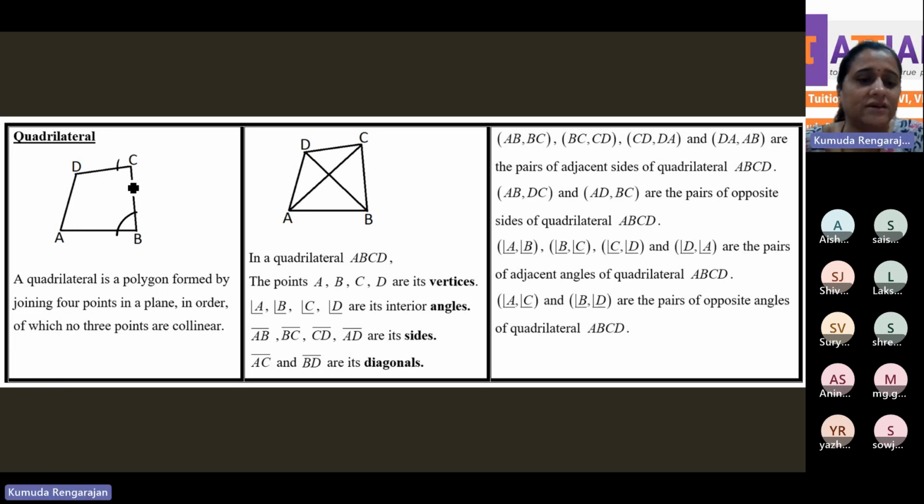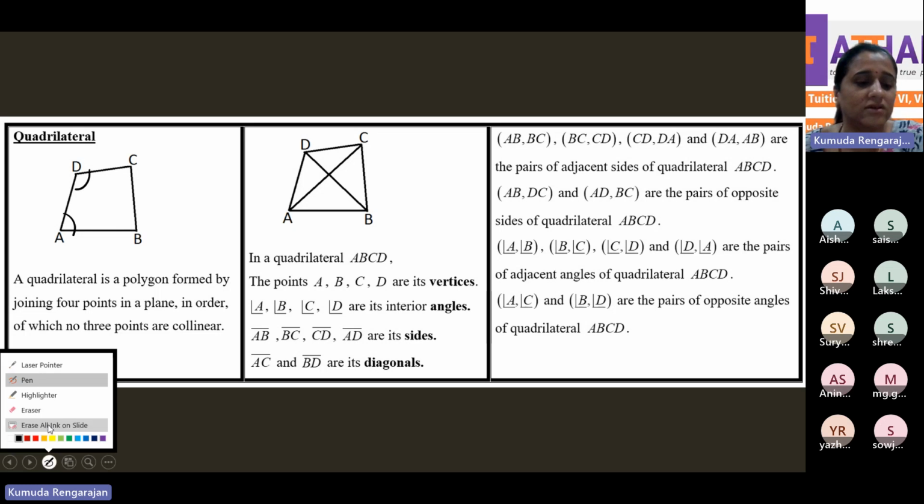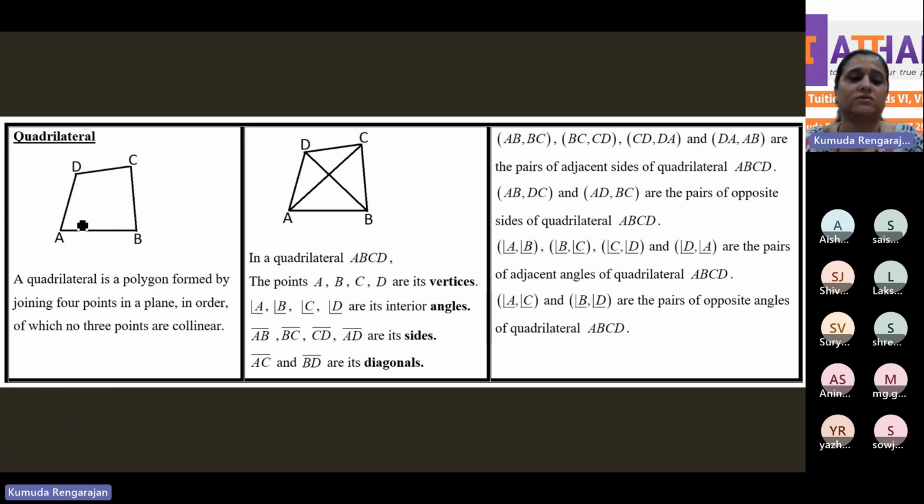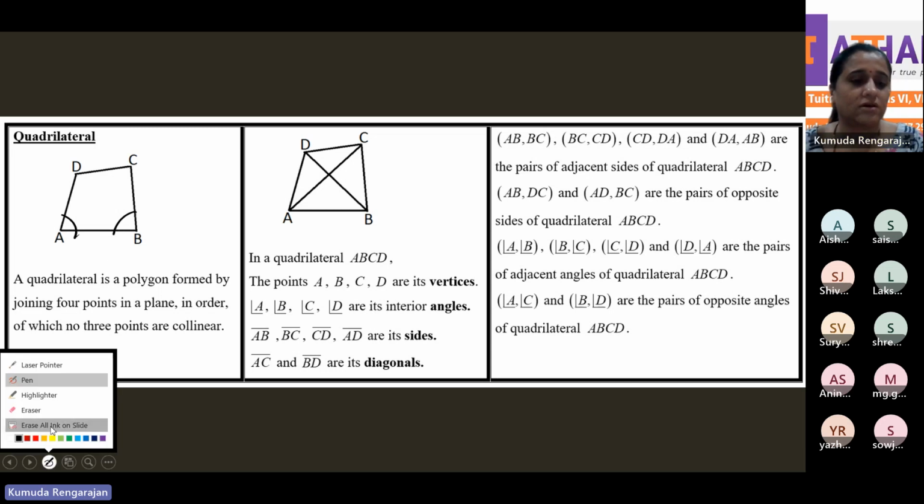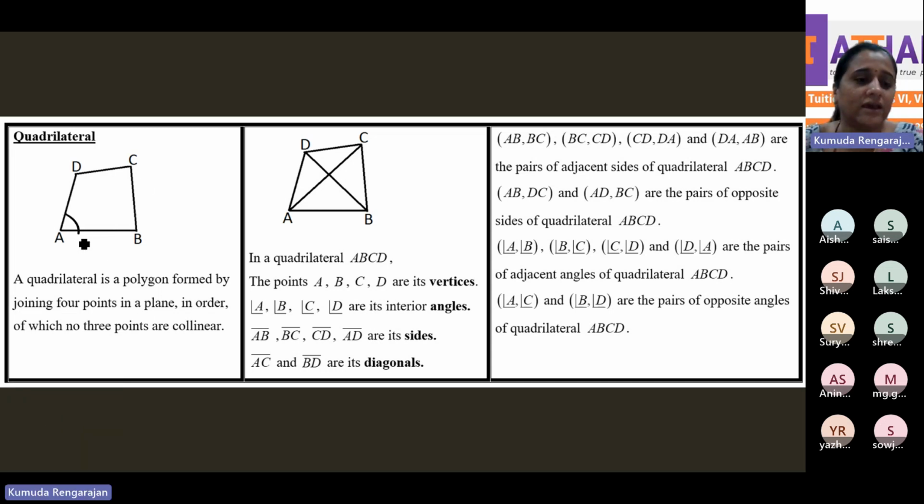Angle B and angle C, angle C and angle D, and angle D and angle A are also pairs of adjacent angles. Opposite angles: angle A and angle C are one pair, and angle B and angle D are another pair.